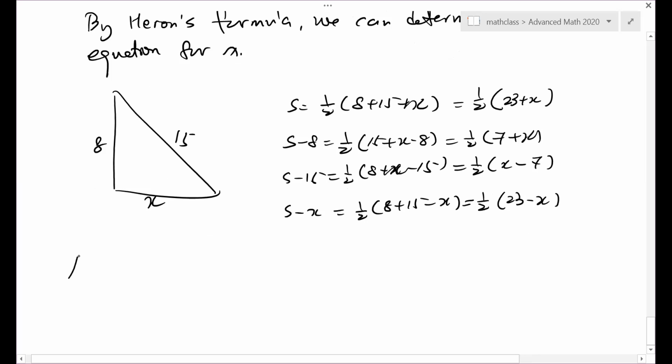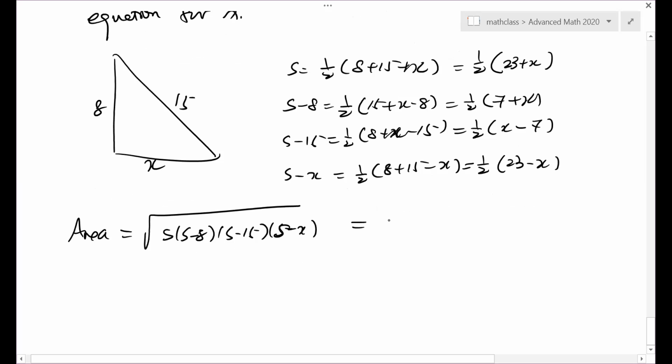So the area of this triangle is the square root of s times (s minus 8)(s minus 15)(s minus x), and that is supposed to be equal to 36. Let's square it first.